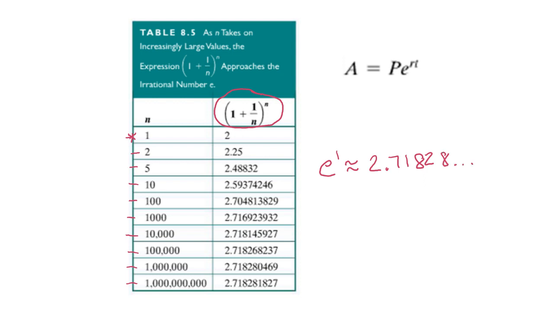So you can see why we say e is an irrational number, because it never stops and it doesn't have a pattern. So we're going to use e because the numbers go on forever, and this is the formula that we will be using for continuous compounding.